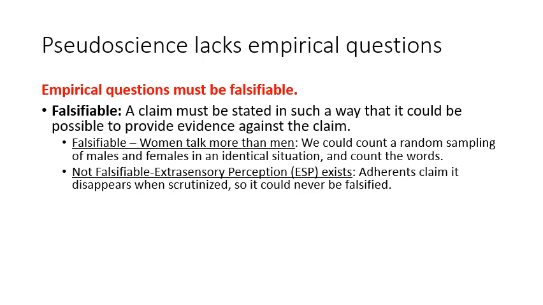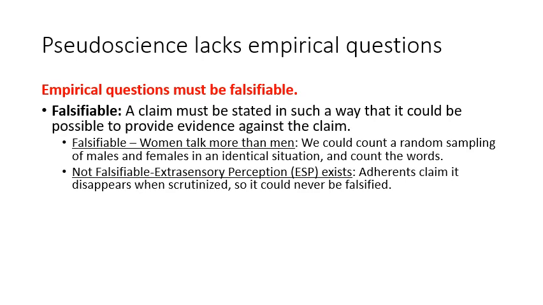So since pseudoscience lacks empirical questions, we remember empirical questions must be falsifiable. So I say questions here. I think we could say empirical statements as well. And so falsifiable means that there would have to be a way to provide evidence against the claim. So the first statement is falsifiable.